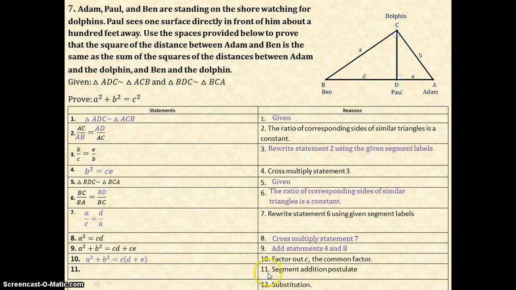Now, the reason for statement 11 is the segment addition postulate, and I kind of covered this before, that d plus e equals c. And now all we're going to do is use substitution to substitute a c in here, and that would give us a squared plus b squared equals c squared.